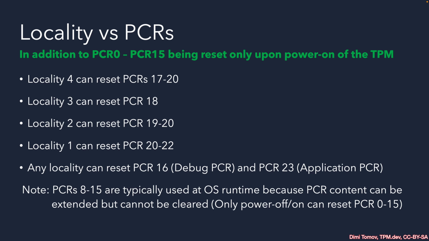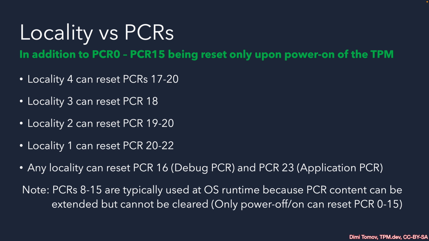Here is an overview of how locality levels relate to PCRs. Usually at OS runtime, either in user space or in the operating system in kernel space, PCRs 8 to 15 are used, because in locality 0 there is no PCR reset allowed for these PCRs 8 to 15.